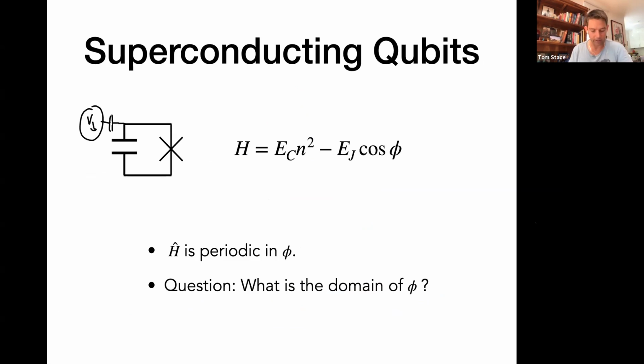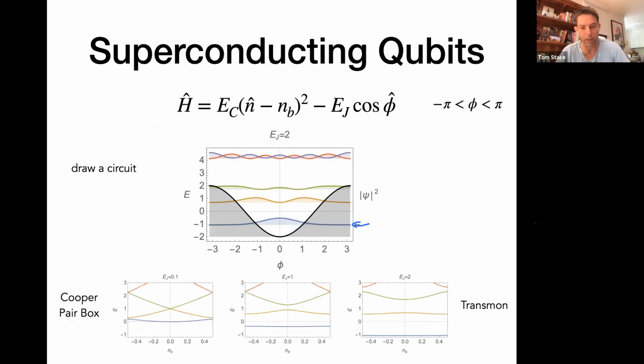Attached by some capacitance to the circuit, which lets one offset the charge by some amount that's controlled by that external voltage bias. So this parameter NB is conventionally thought of as a control parameter that's set by some external voltage. And so one can then analyze this Hamiltonian for different values of NB, and the spectrum that I've plotted here is for NB equals 0.